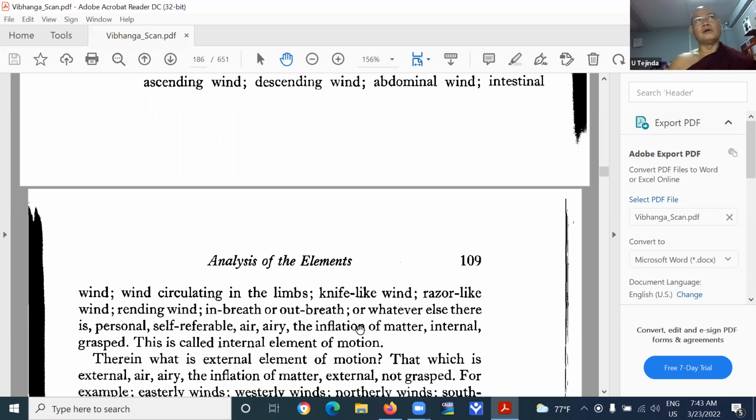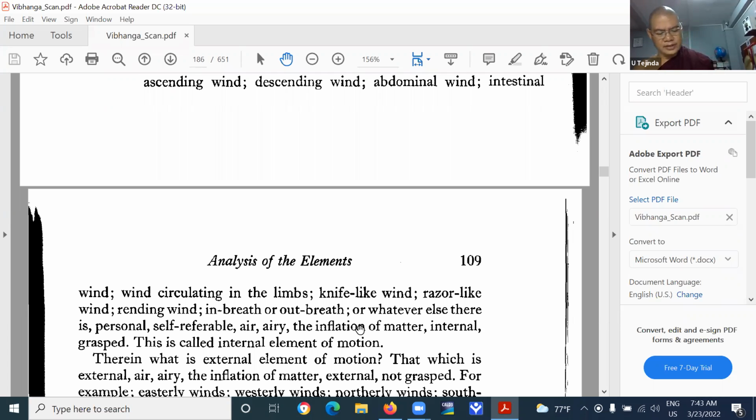Well, if you know the ajjhattika vayo dhatu, you also know bahira vayo dhatu, any wind outside our body. Any wind inside our body is called internal element of motion. Any wind outside our body is called external element of motion.